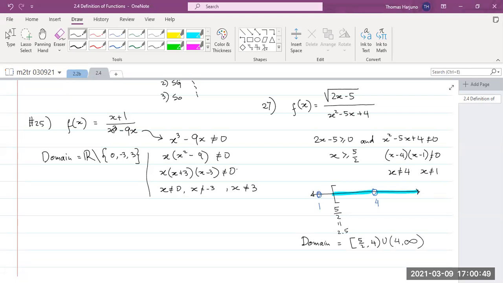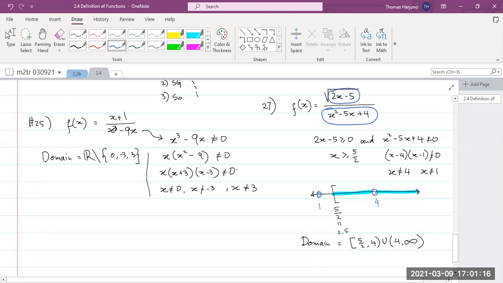Okay. Now, hold on, I have chat coming in. What if x equals 1? x equals 1 will not work. In fact, when x equals 1, it will make the denominator 0, and at the same time make the radicand negative. So x equals 1 is already not in here.